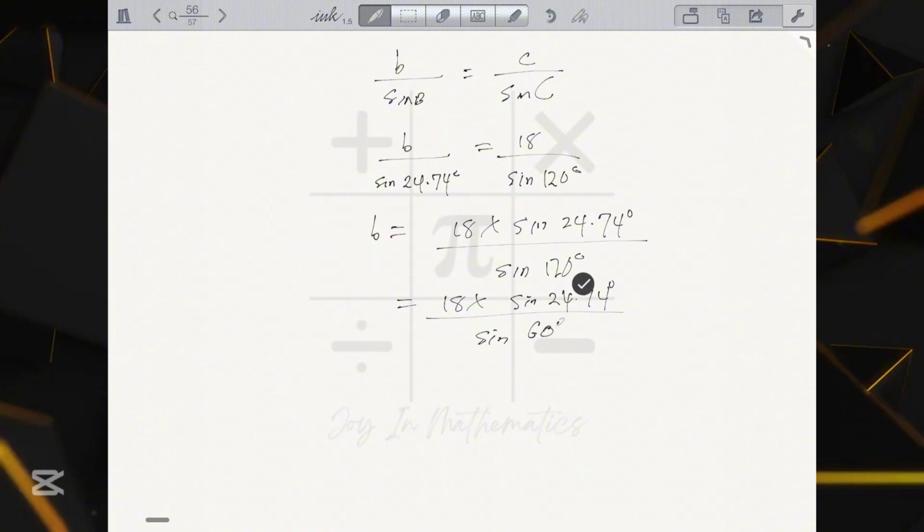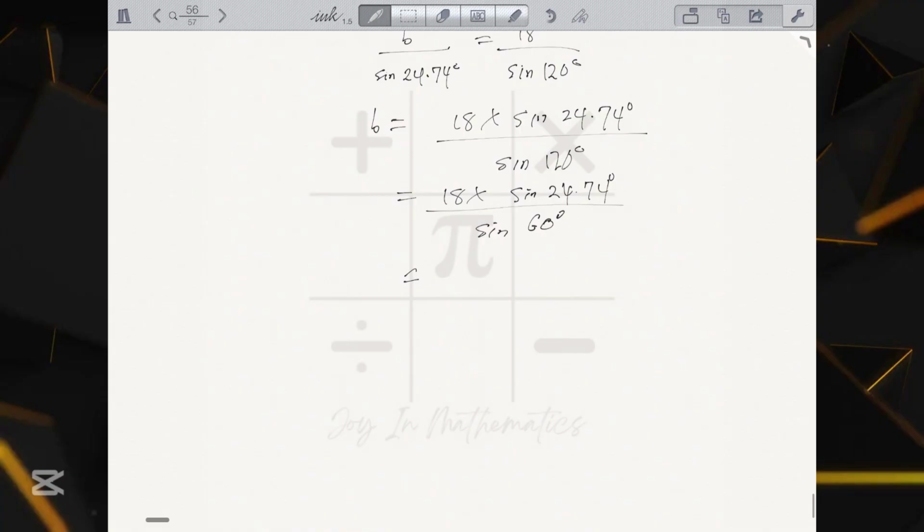With respect to that, we can use our calculator: 18 multiplied by sine 24.74 degrees divided by sine 60 degrees.